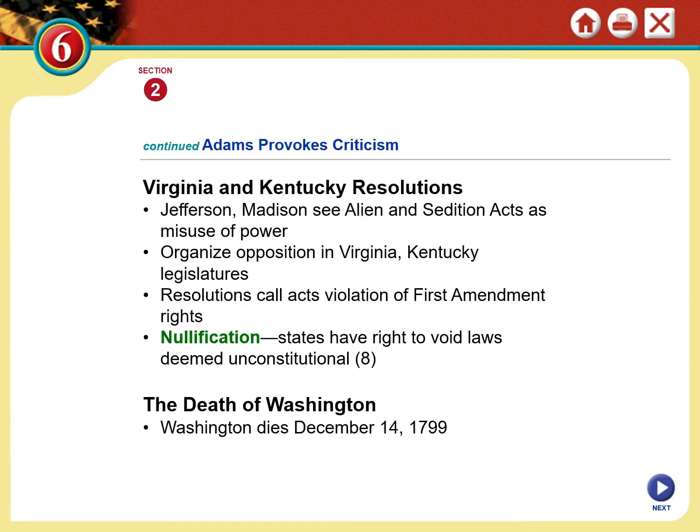Now, the Alien and Sedition Acts are certainly a violation of our free speech rights. You know, you may disagree with my politics, I may disagree with yours, but as Patrick Henry once said, we may disagree, but I would fight to the death for your right to disagree.